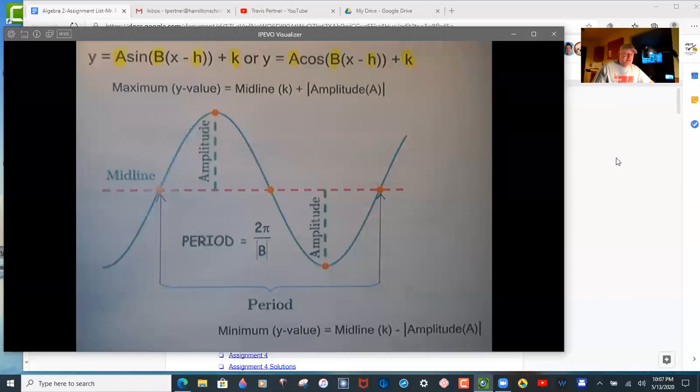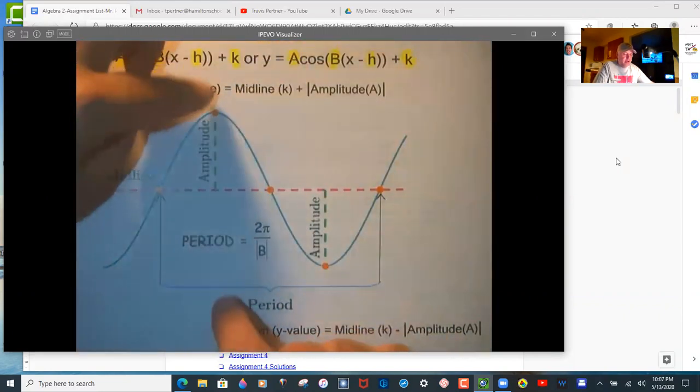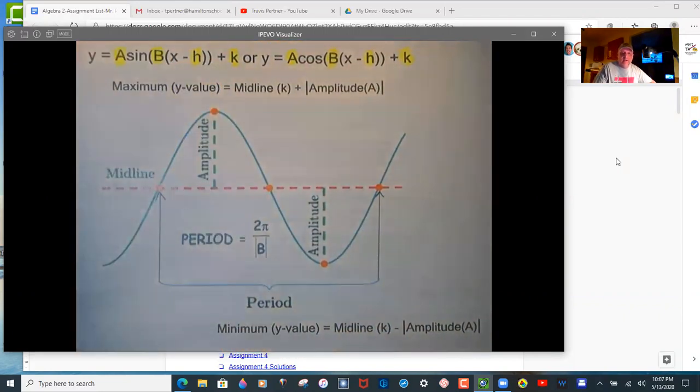And I forgot to say, the greater the value of A, the more stretched out, the higher the height will be on either side of the midline. So those are two things that affect the size of the sine or cosine wave: A affecting the height, the amplitude of the wave, and B affecting how compressed the period is.